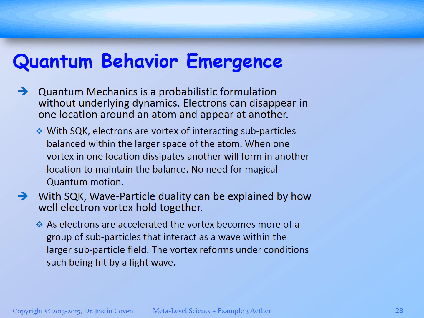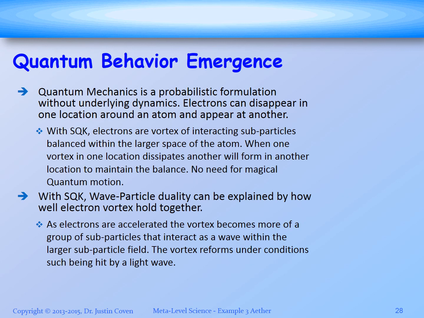When one vortex in one location dissipates, another will form in another location to maintain the balance between all of the vortices. There's no need for magical quantum motion of a particle from one location to another. It's basically a vortex in one location. As it dissipates, another vortex will form in order to maintain the balance of all of the subparticle reactions within the space of the atom.